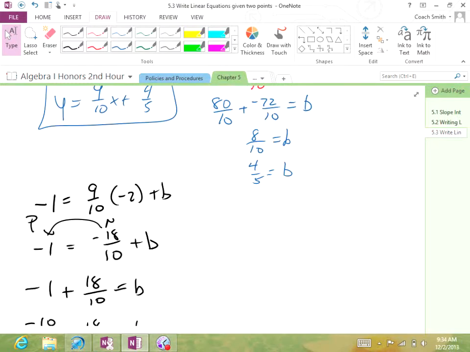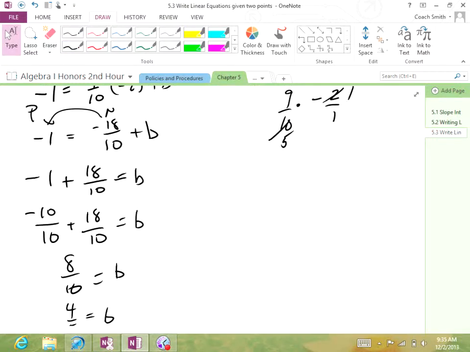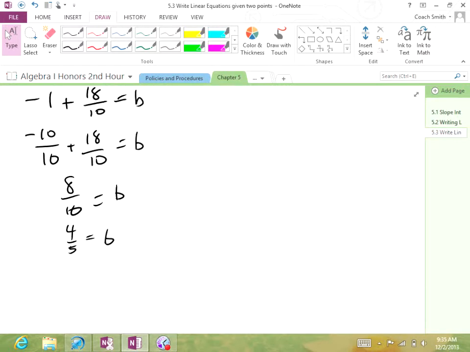You could take -2/1 times 9/10 and cross cancel here. That'd be 5. It'd be 1. So it'd be -9/5. You could do that. Can you get it wrong if you don't simplify it? Yes. If you leave it as 8/10, it's going to be wrong. You got to simplify it down. Any other questions before we move on?